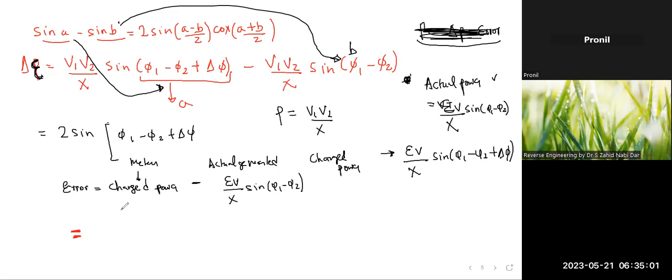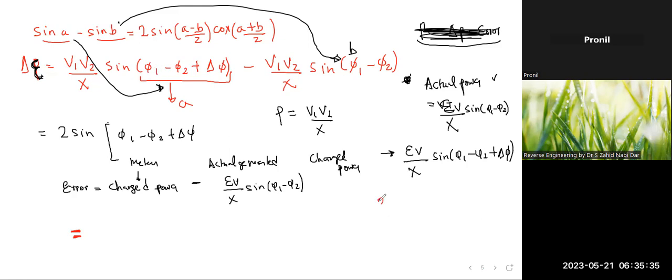In the cos term, you see which terms will go and which terms will remain. In the cos term, you have phi 1, 2 phi 1 will be there, and you will get phi 1 minus phi 2 plus delta phi by 2. In the sine term, you will get sine delta phi by 2. In the cos term, it is addition, so you are adding this term.